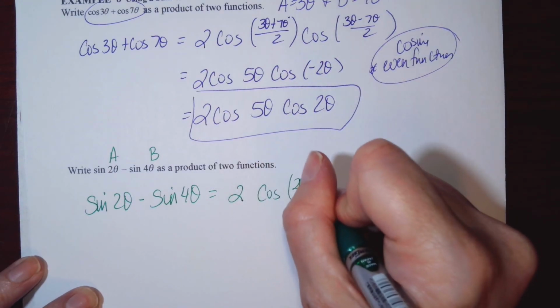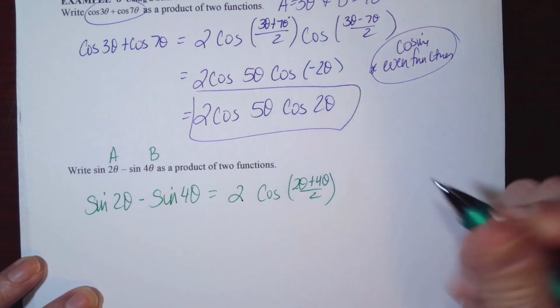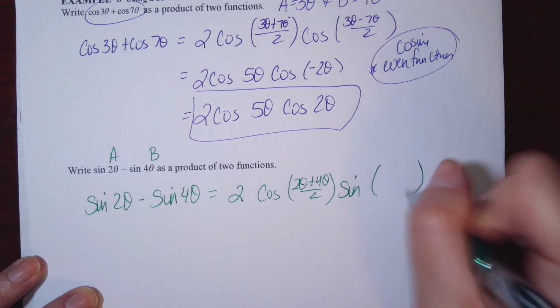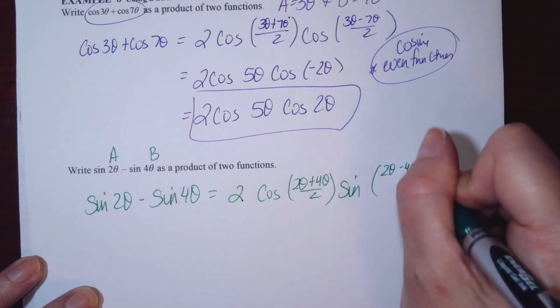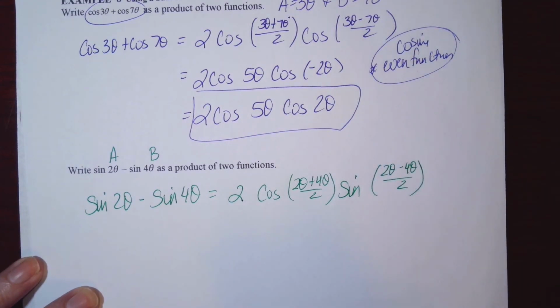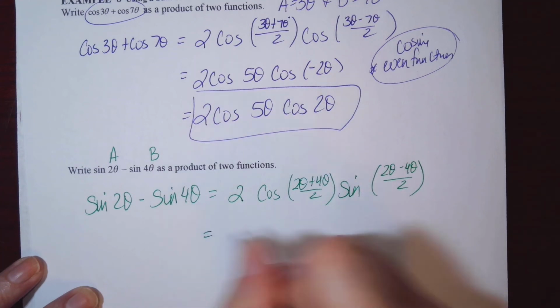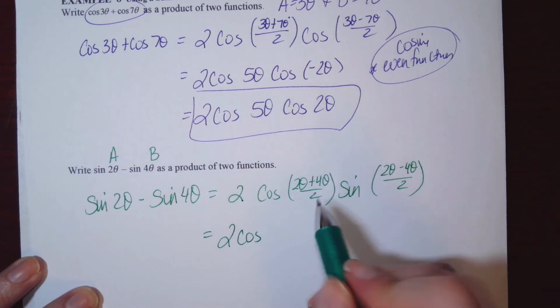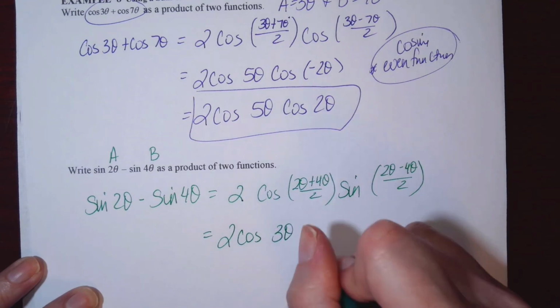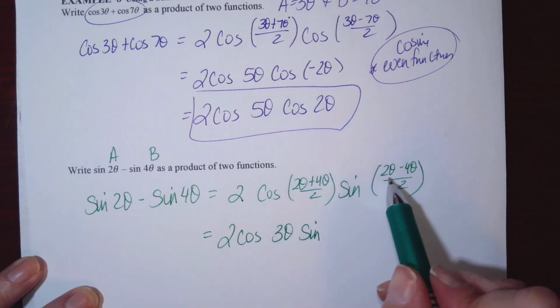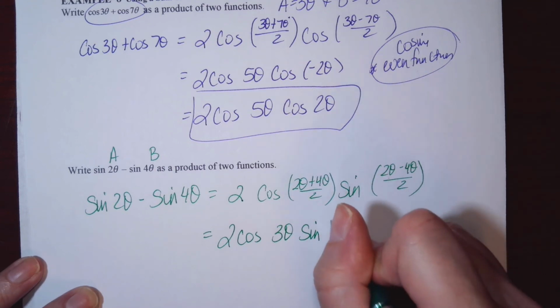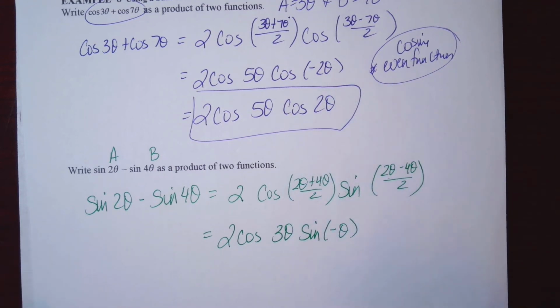So 2 theta plus 4 theta over 2 times the sine of half the difference. So 2 theta minus 4 theta over 2. Alright, 2 times the cosine of 2 and 4 is 6 theta divided by 2 is 3 theta. Sine of 2 minus 4 is negative 2 theta divided by 2 is a negative theta.